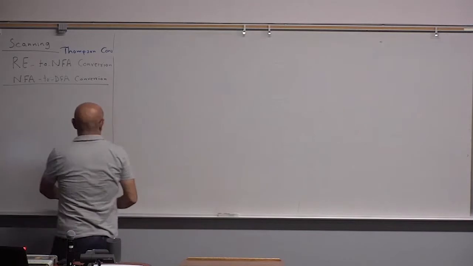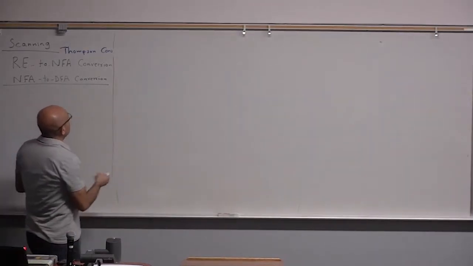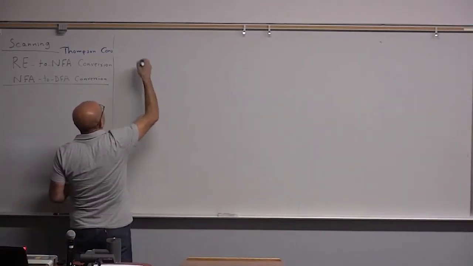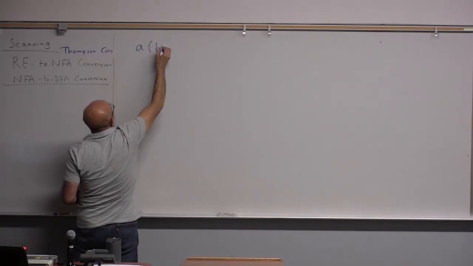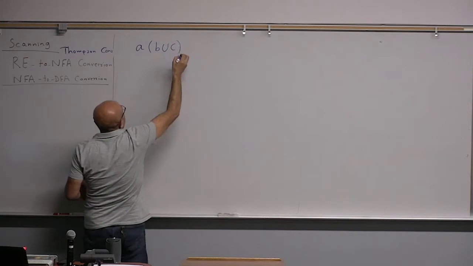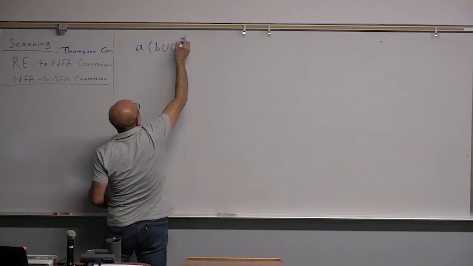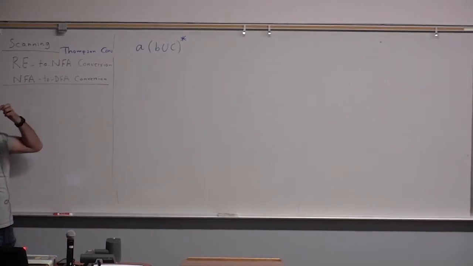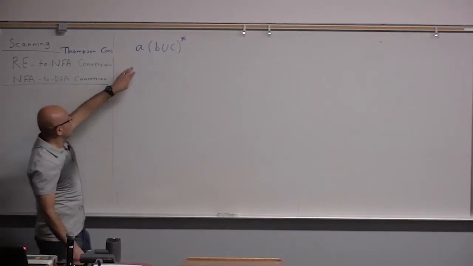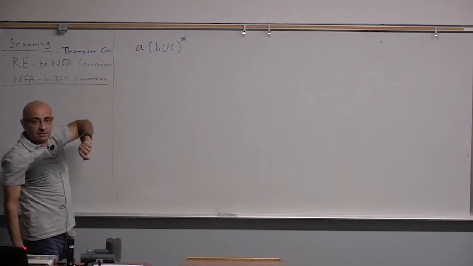So let's do a concrete example from the book: (A, B union C) star. So this is a regular expression, and we would like to construct an NFA for this regular expression.